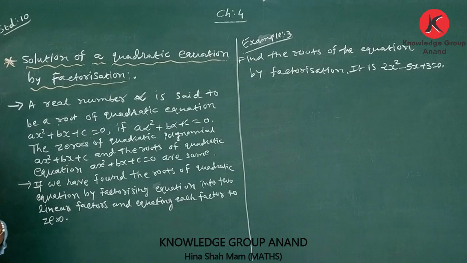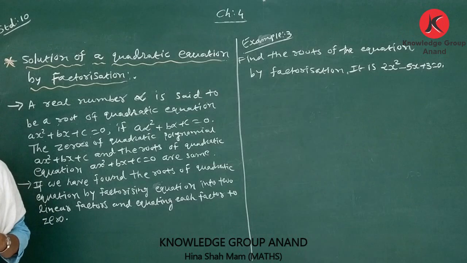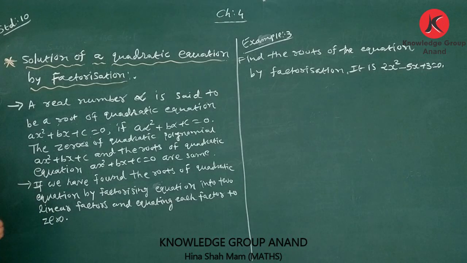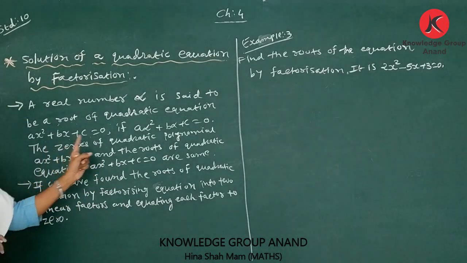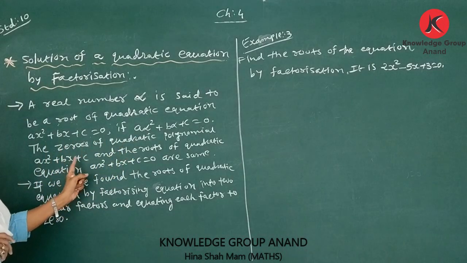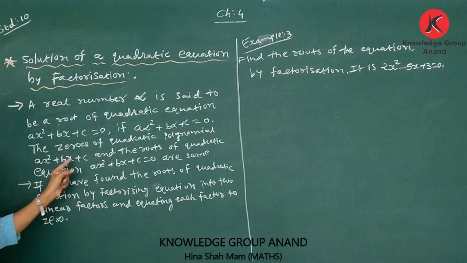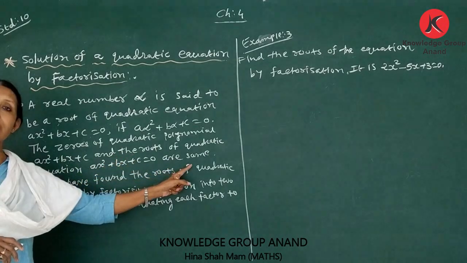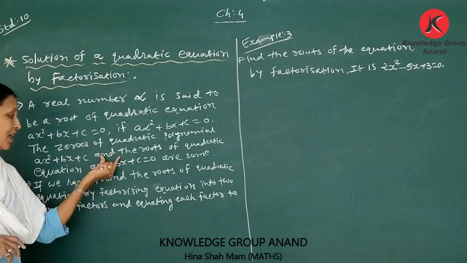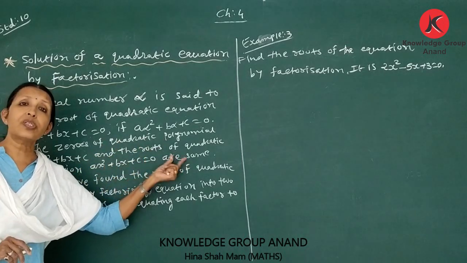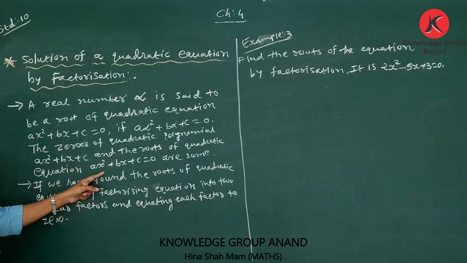It can have one zero, no zeros, but a maximum of two zeros, not more than two. The zeros of a quadratic polynomial ax square plus bx plus c and the roots of the quadratic equation are the same.